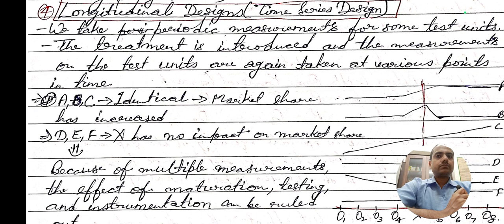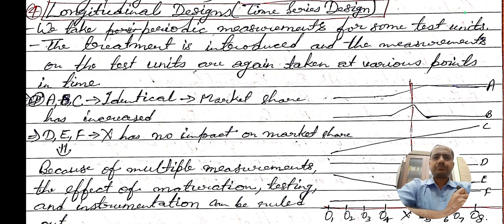Longitudinal design, that is also known as the time series design. We take periodic measurements for some test units. The treatment is introduced and the measurements on the test units are again taken at various points in time. So that's what is given here, periodic measurements for some test units.